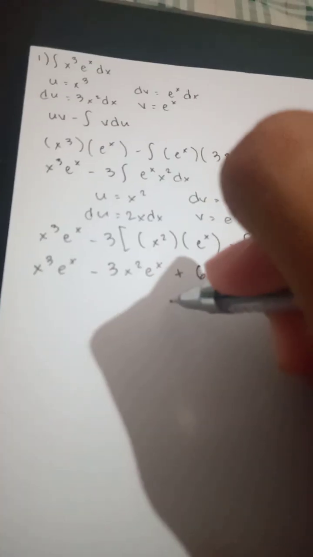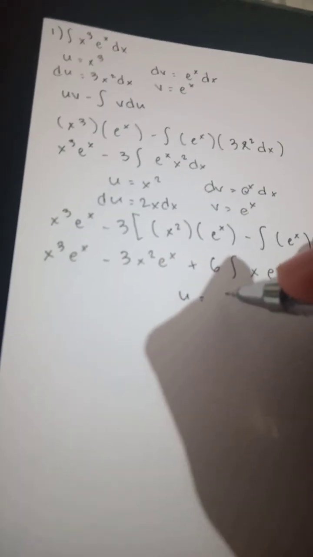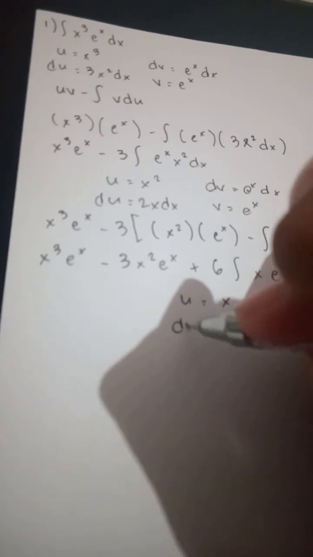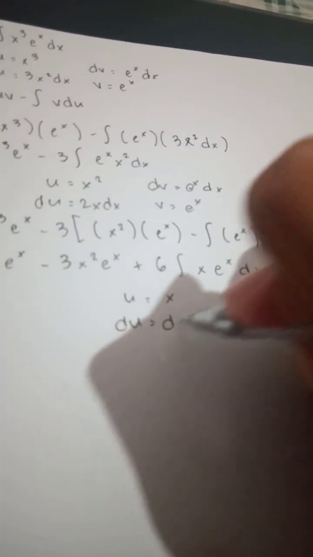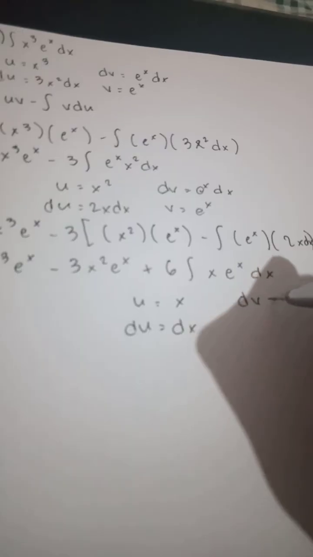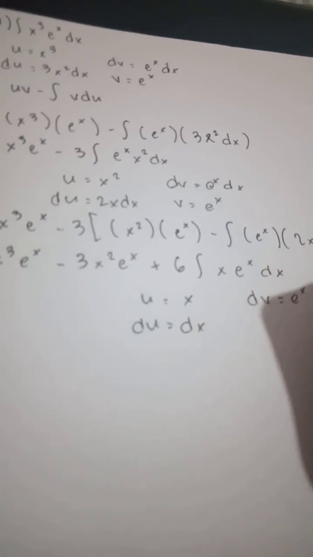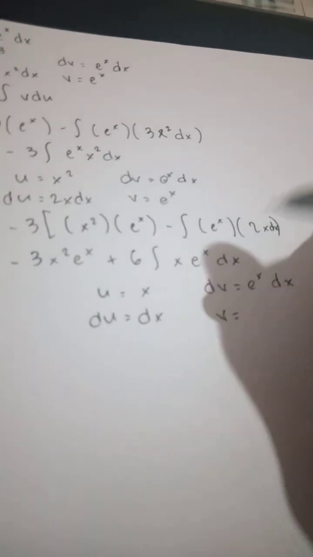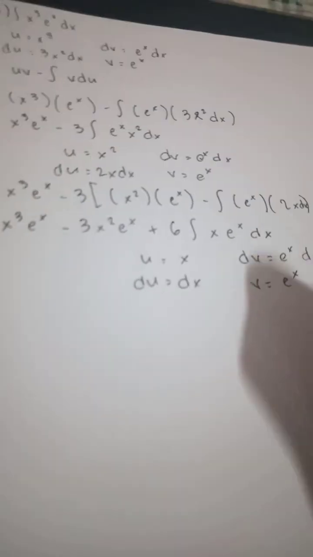dx. Since you can still integrate them, we shall make another u. Same process still. It's going to be dx, dv equals e to the power of x, and v is going to be still the same.